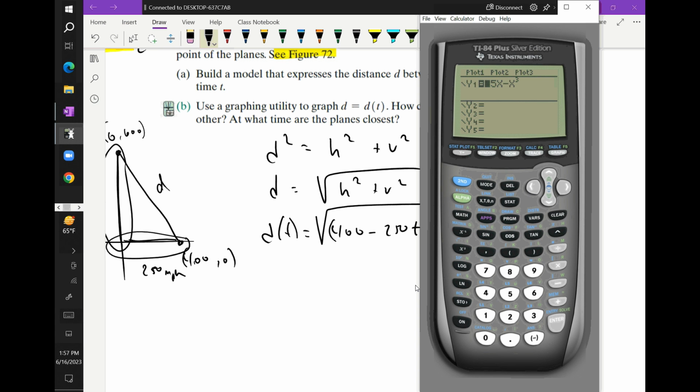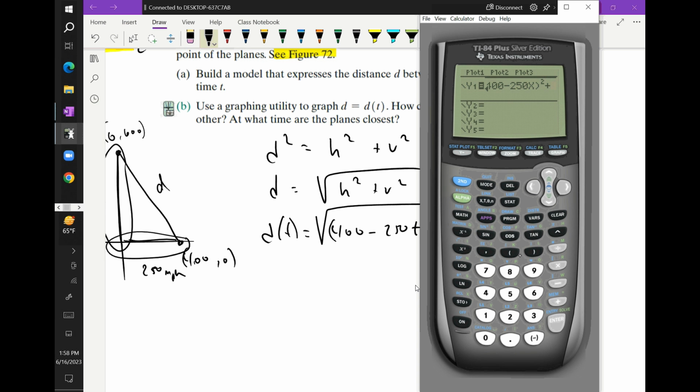I'm going to go back to y1 and clear this out. I've got the square root of, and a bunch of stuff in here. I've got parentheses, and we've got 400 minus 250. I can't choose t in this calculator, I can only choose x, and then I'm going to square that with the square button.